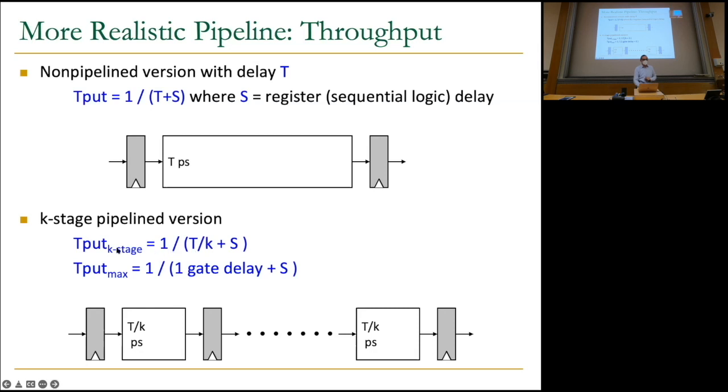So basically, your throughput of a K-stage machine looks like 1 divided by T over K plus S. The sequencing overhead still stays the same. And ideally, the minimal gate delay is 1 gate delay, and this is your ideal throughput. So you basically approximate 1 divided by 1 plus S. So your throughput can be very high. In the end, you're dominated by your sequencing overheads. If this is 1 gate delay, S may actually be equal to that, or more than that. So the takeaway here is that register delay reduces the throughput because you have sequencing overhead between these stages.